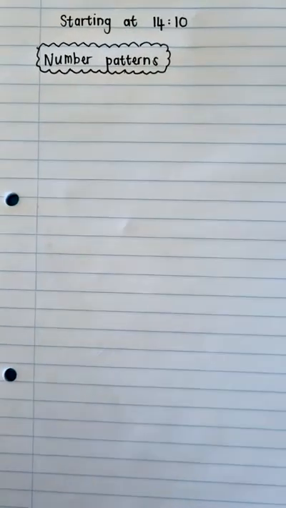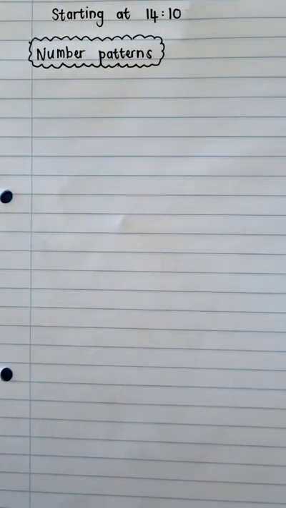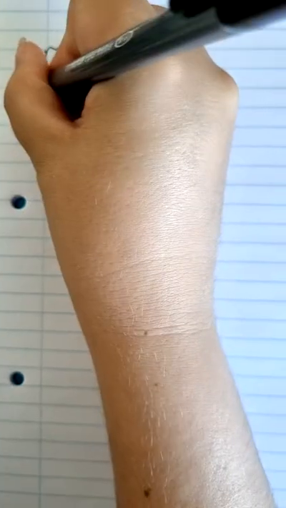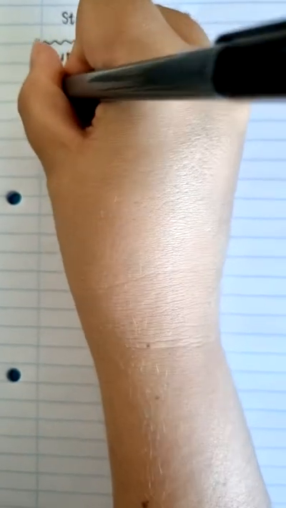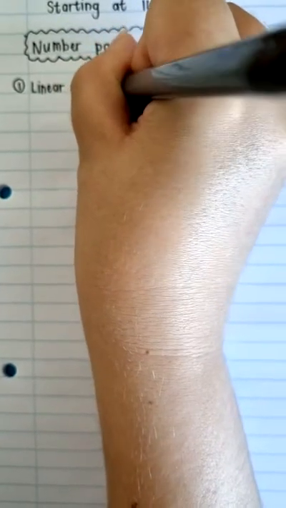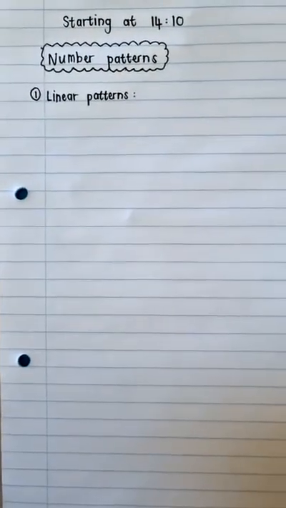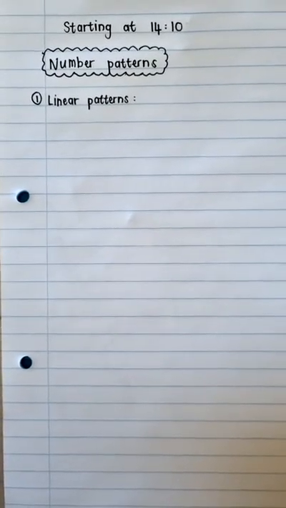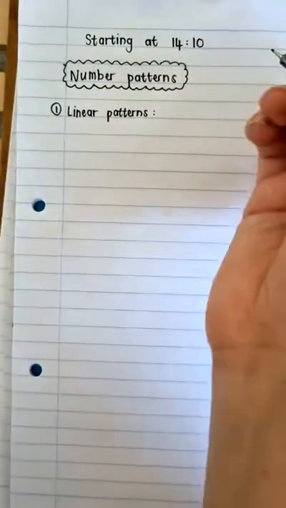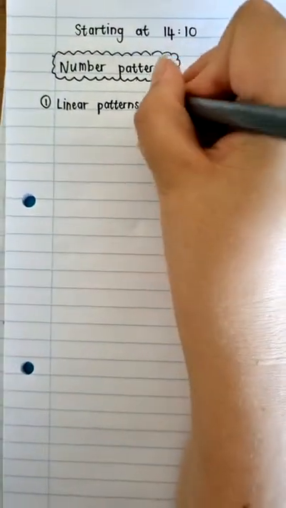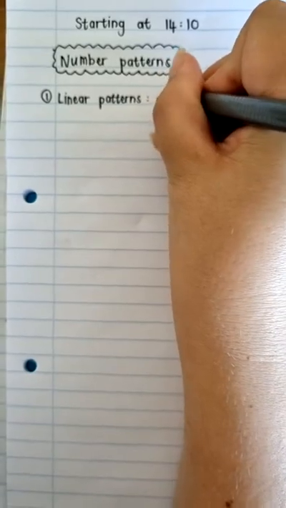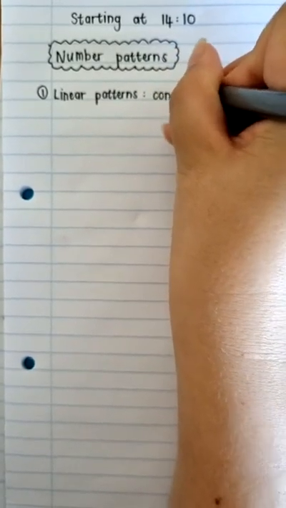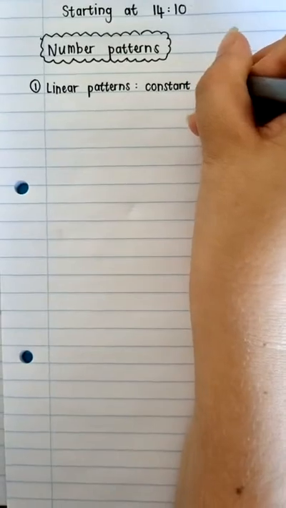Okay, so number patterns. In grade 11, you did two types of number patterns. The first type was linear patterns. And a linear pattern is a pattern with a constant first difference.